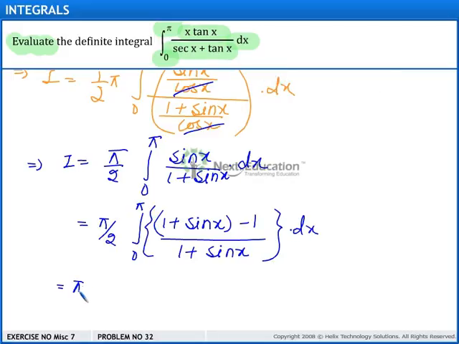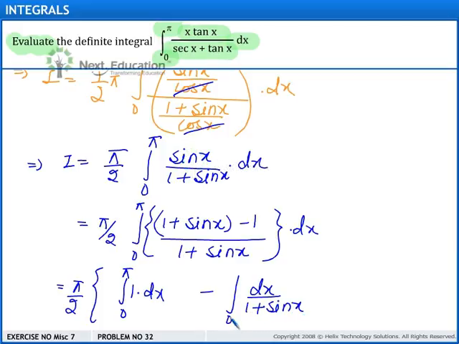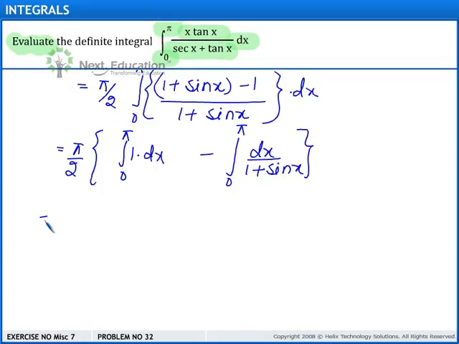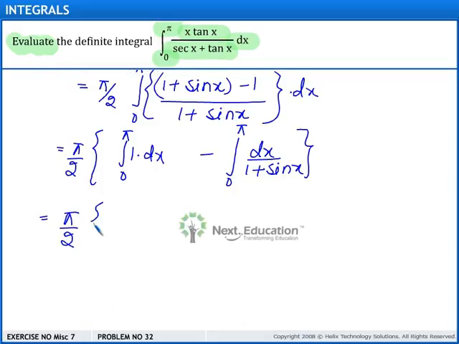This can further be written as pi by 2 times the integral of 1 into dx from 0 to pi, minus the integral of dx divided by 1 plus sin x from 0 to pi. This is equal to pi by 2 times: the integral of 1 with respect to x is x, from 0 to pi, minus the integral of dx divided by 1 plus sin x.